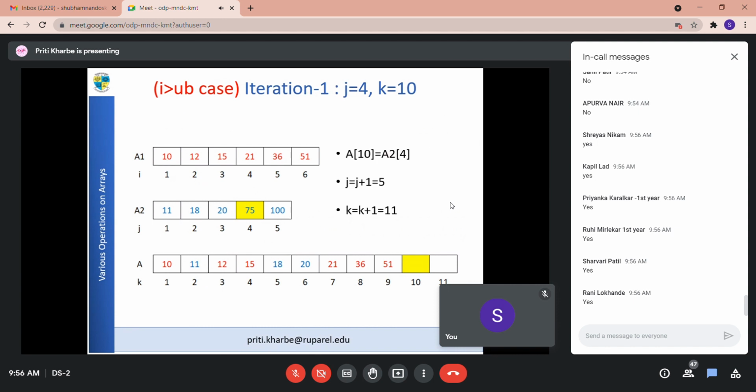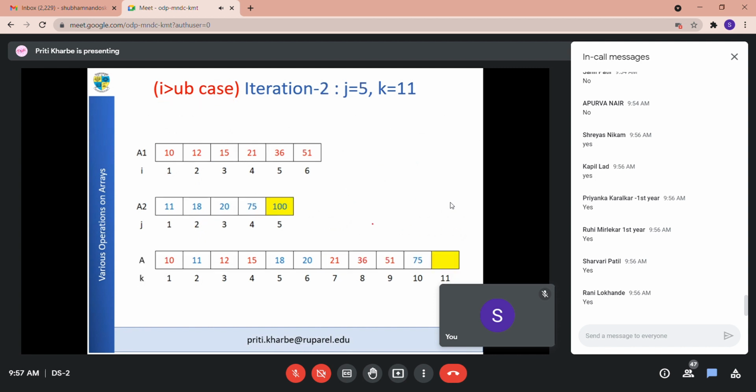So in this particular case, your iteration number 1, it will go in the if part because i is greater than UB1. So A of k is equal to A2 of j, right? So A of 10 is equal to A2 of 4. So you will have 75 over here. Increase value of j, increase value of k.